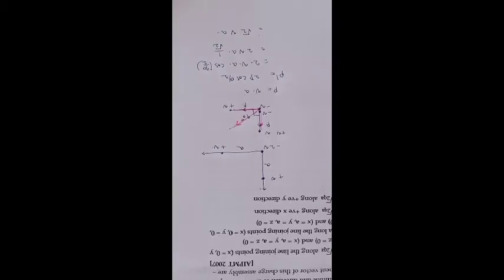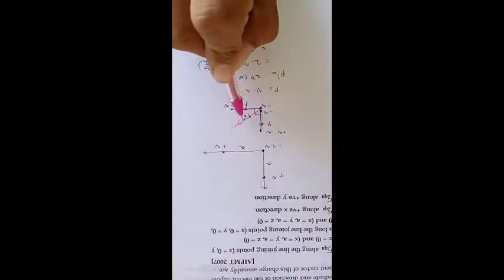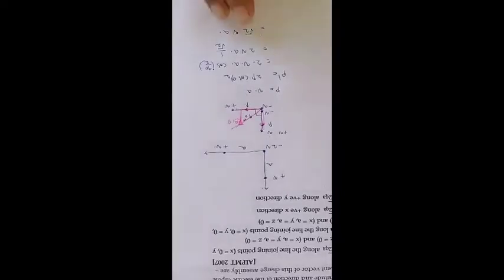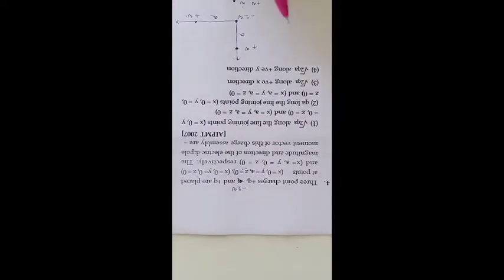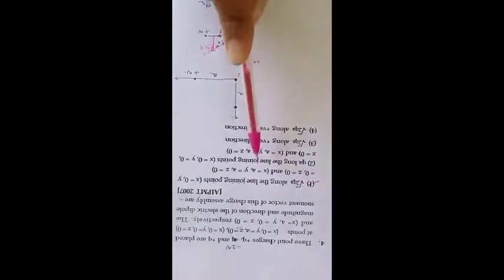That will be along, so this point will be (a, a). So the option here is root 2 into QA, pointing from x equal to 0, y equal to 0, z equal to 0 to this point, x equal to a, y equal to a, and z equal to 0.